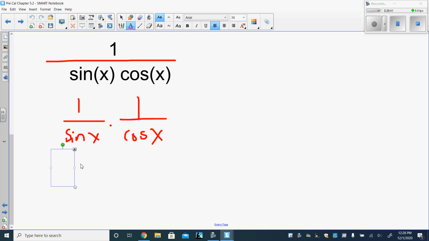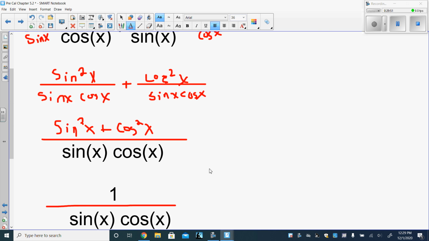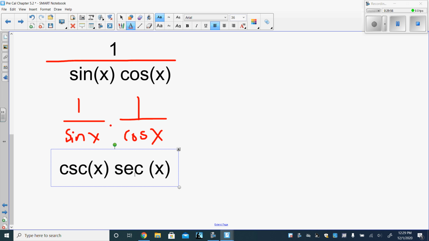Well, 1 over sine of x is cosecant of x, and 1 over cosine is secant of x. And isn't that what we wanted? Yep, secant of x times cosecant of x. Well, I have it flipped, but it's the same thing. And that's it. That's all we need to do on this one. So again, it's really just manipulating these equations to get exactly what I want to show is true.